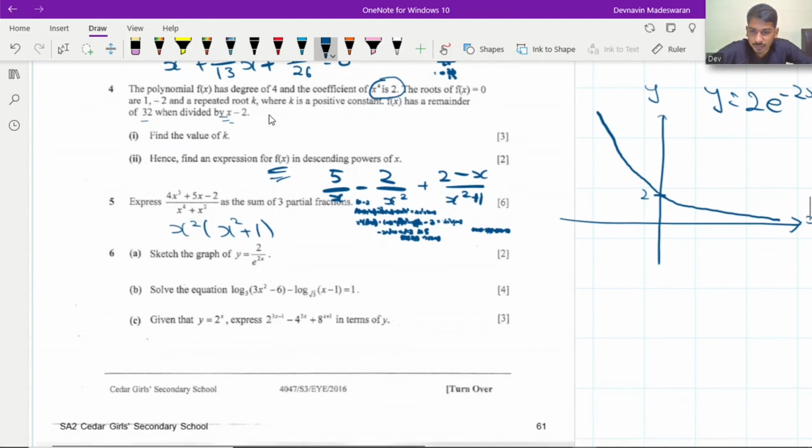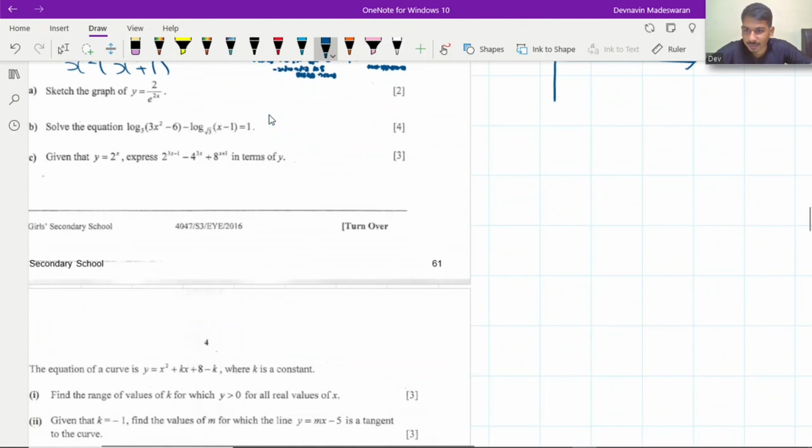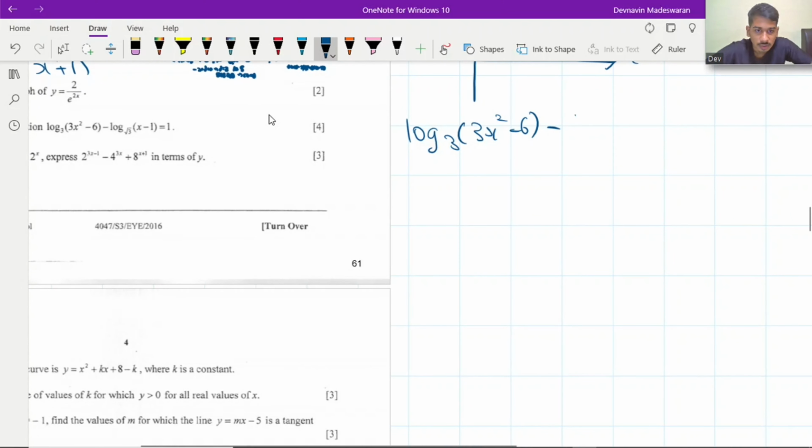And then solve this logarithm equation. That's nice. Okay, let's try the logarithm equation. After looking at the logarithms, I see that there's 3 and square root 3, so I will make everything into base 3. So log base 3 of 3x squared minus 6, minus, so change of base, log base 3 of x minus 1 over log base 3 to the power of half, which is equal to 1.